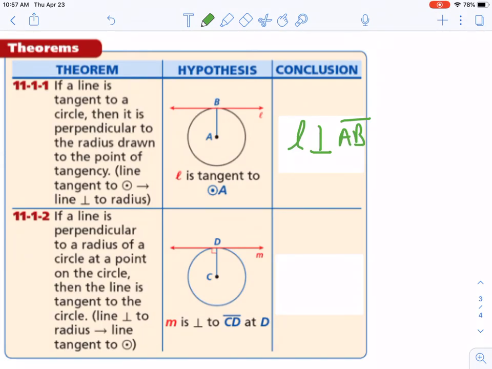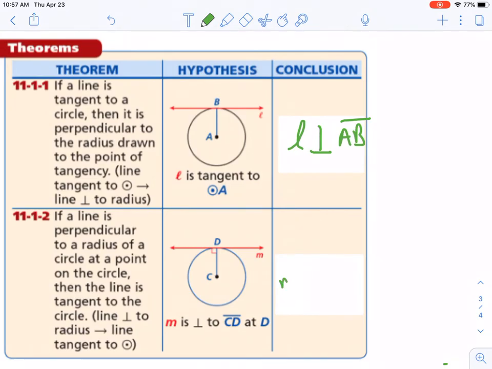So if line M, if the point on line M, meaning point D, if point D forms a right angle with the radius, then we know that line M has to be a tangent line because it is perpendicular.